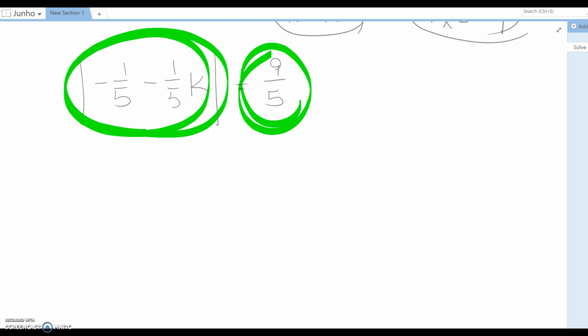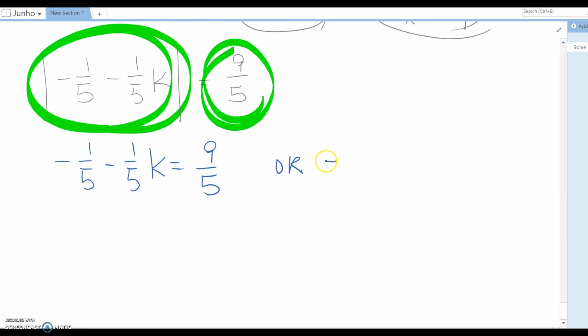So you can rewrite this as negative 1/5 minus 1/5 k equals 9/5, or negative 1/5 minus 1/5 k equals negative 9/5. That will be your first step.